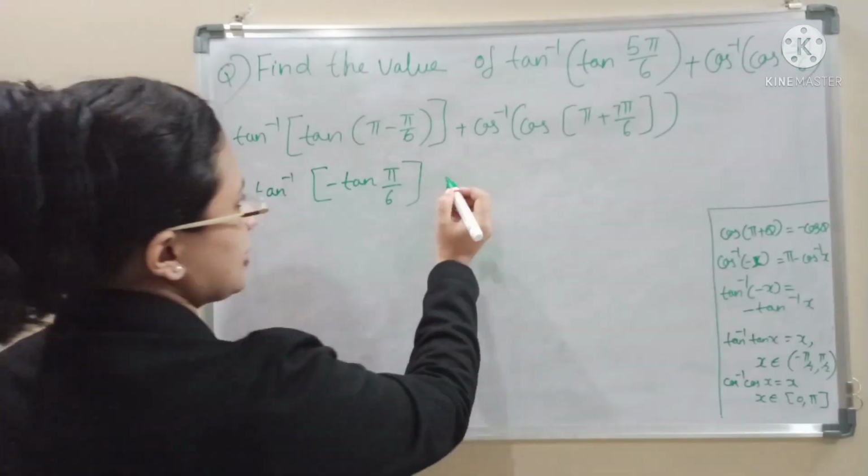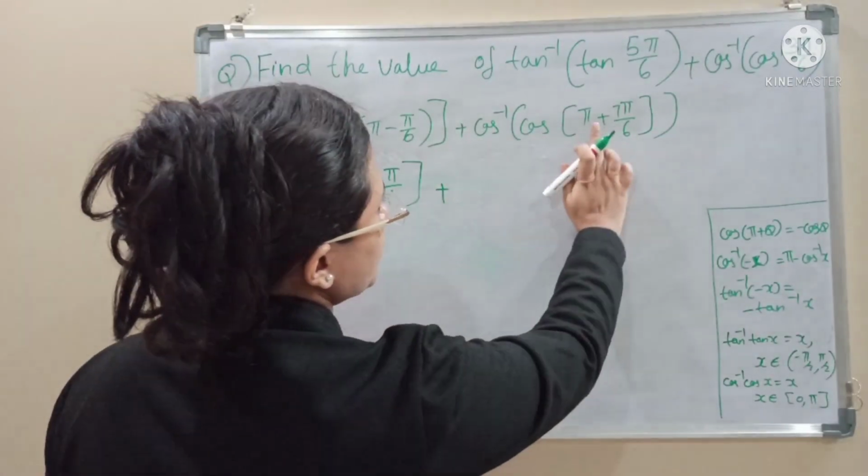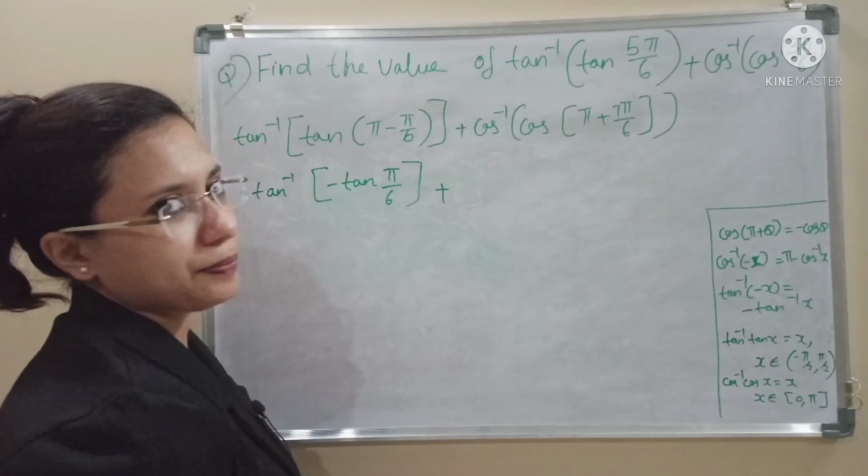Clear, right? Next, plus. What is cos(π plus 7π/6)?